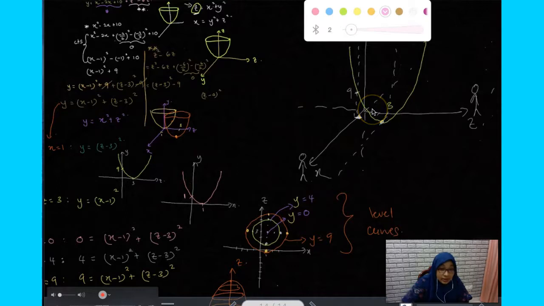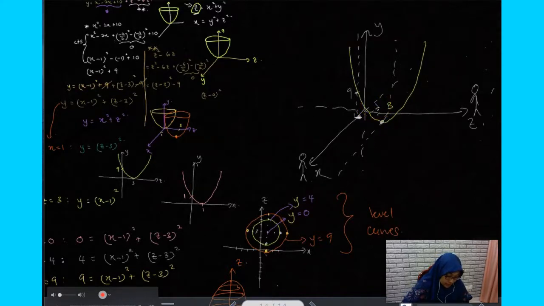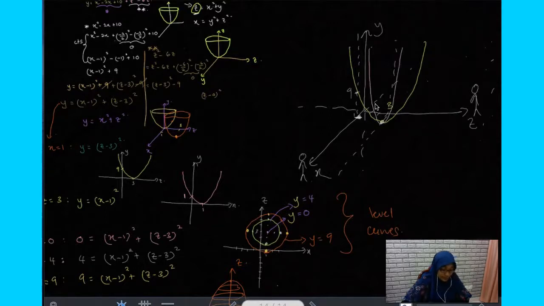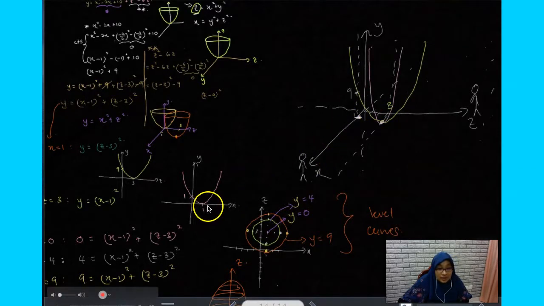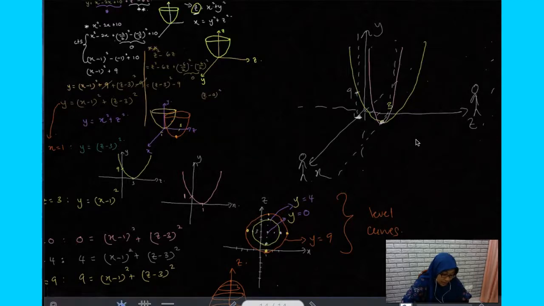Your quadratic now is on the y-axis plane. This is 4, and this is the other side. So when you watch from this side, this one is at x equal to 1.